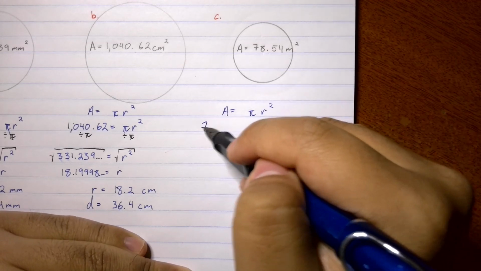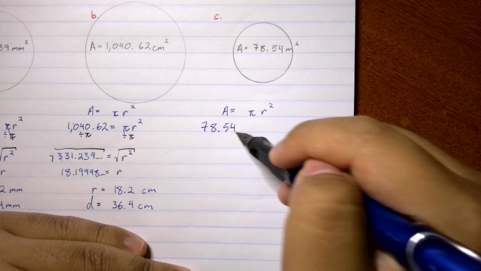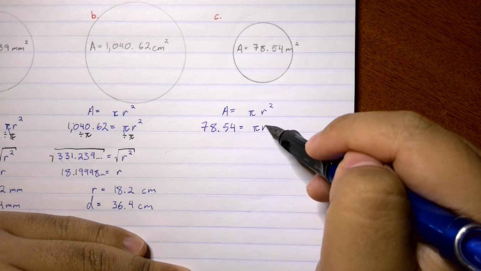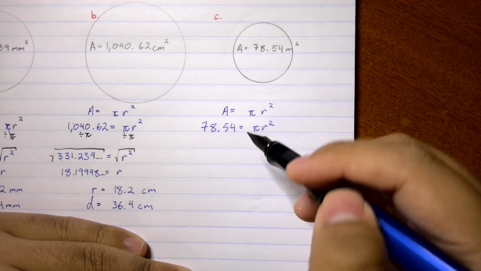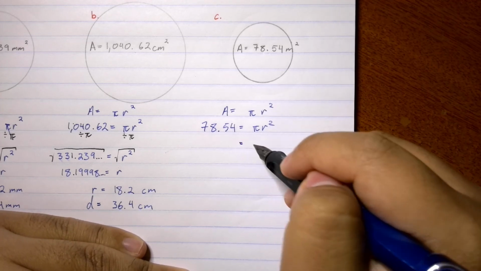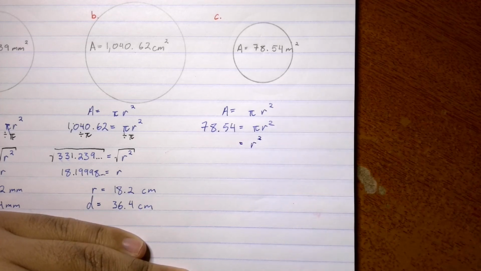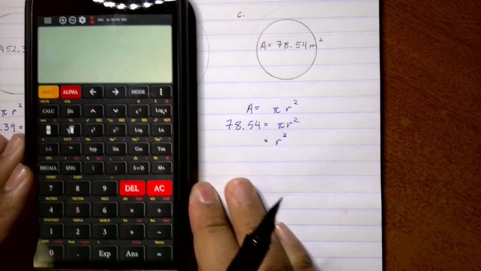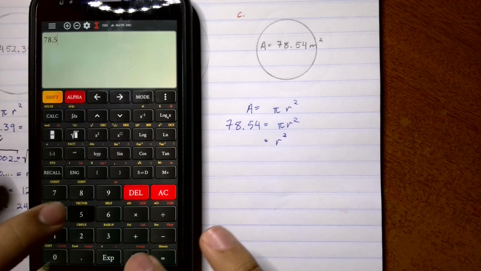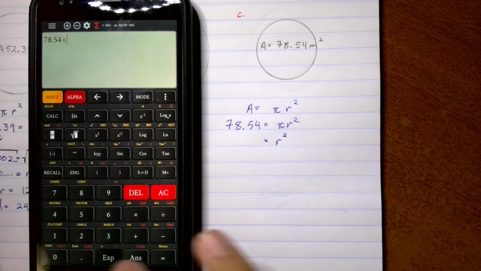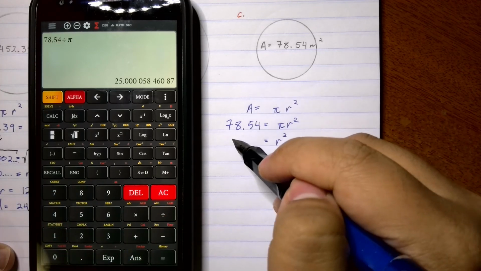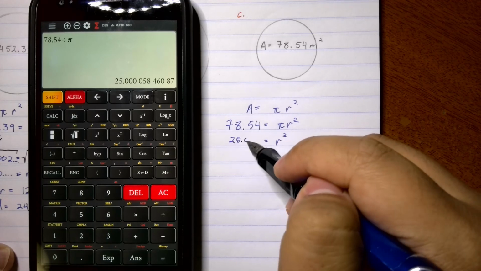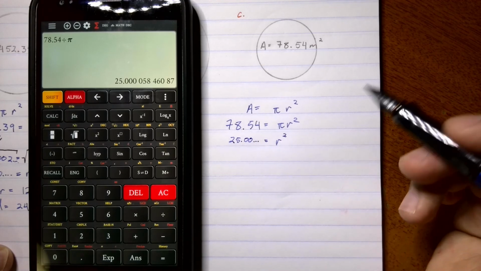Substituting the value. Dividing by pi. No need to actually write the values there, we can just write it down. 78.54 divided by pi gives us 25.00, and there are more decimal places.